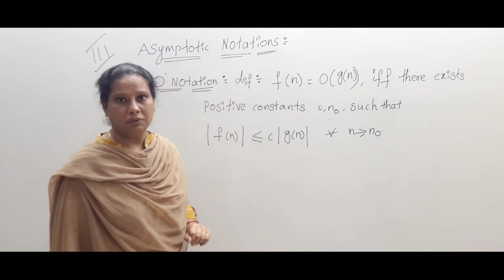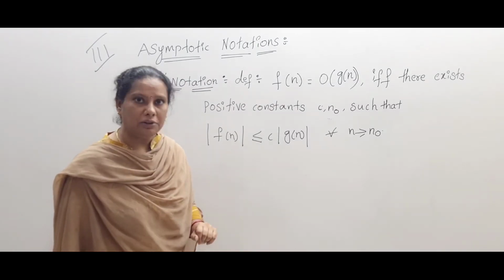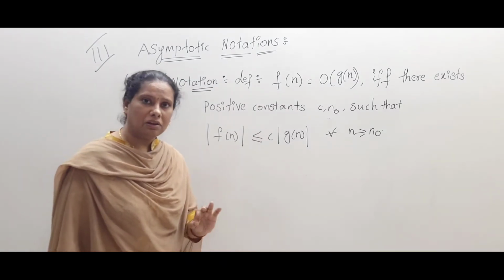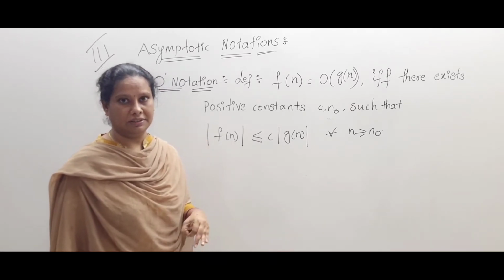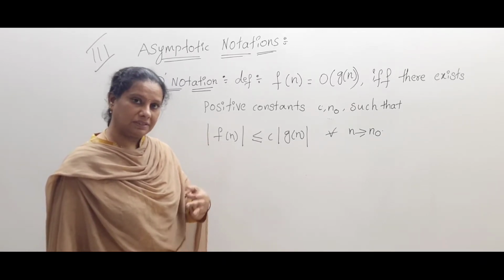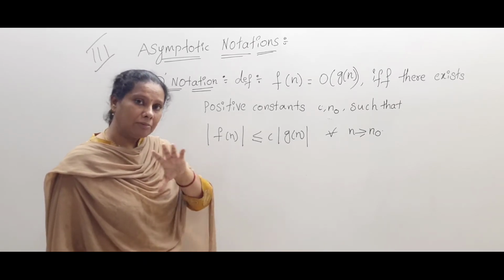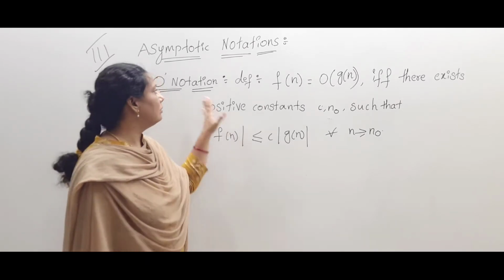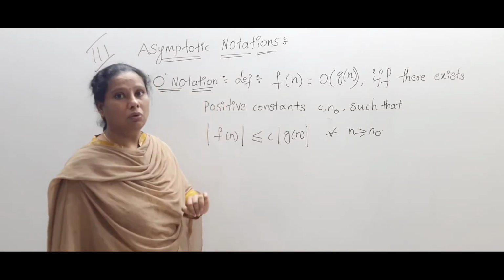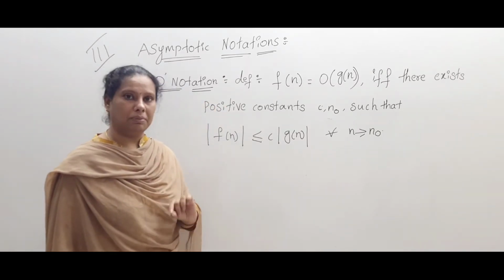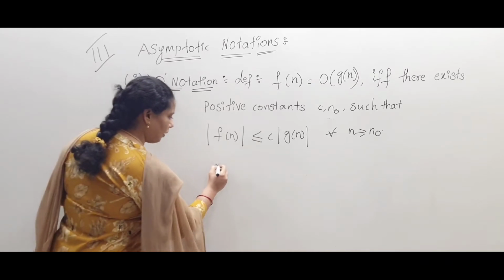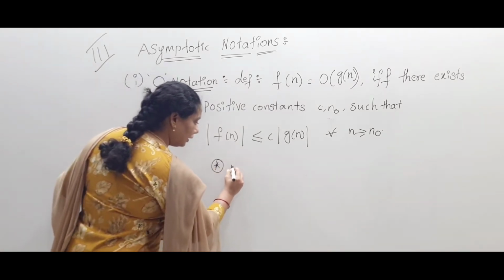In the last video, I explained what is prior analysis and what is posterior testing, what is the best case and the worst case. Now I am taking the help of these terms and trying to define the O notation here. What does it imply? The first point is your n.